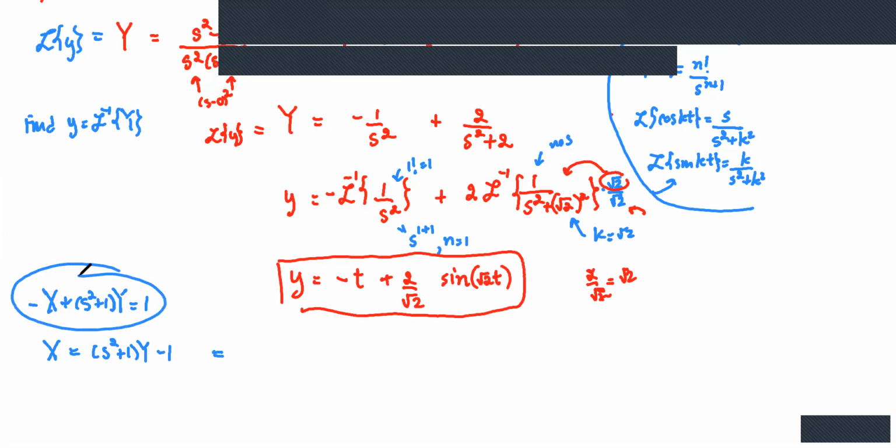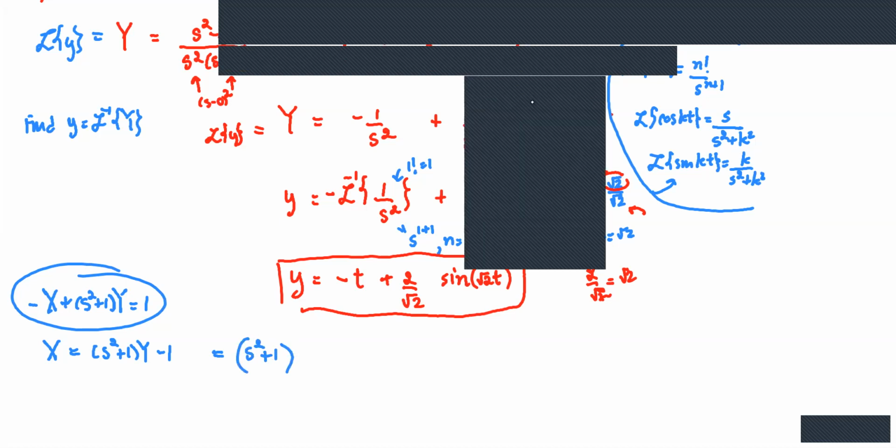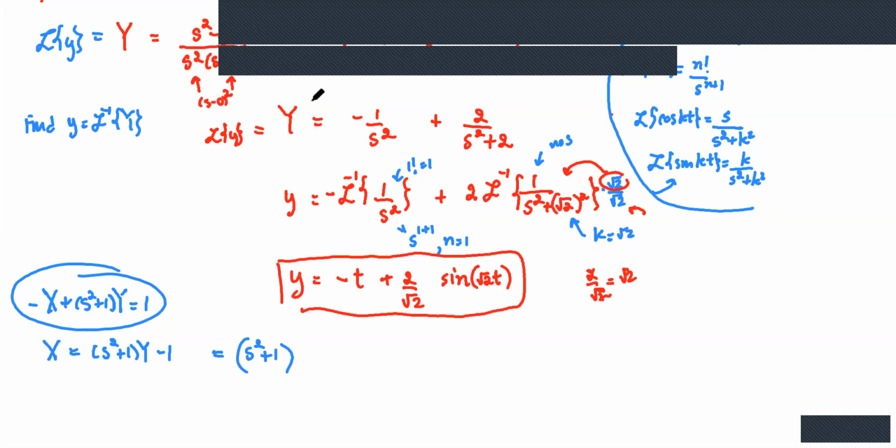That means we have s squared plus 1 multiplied by the uppercase Y that we found earlier.